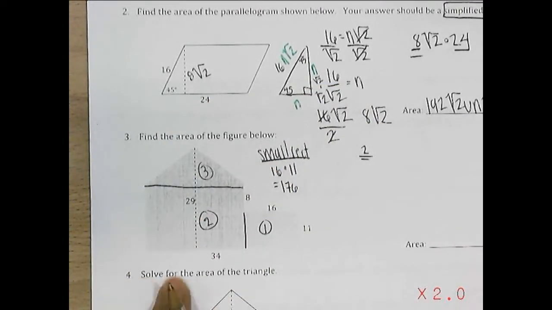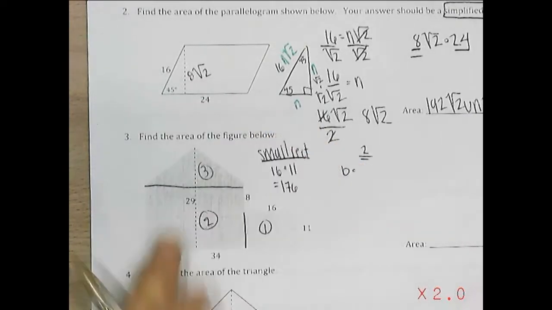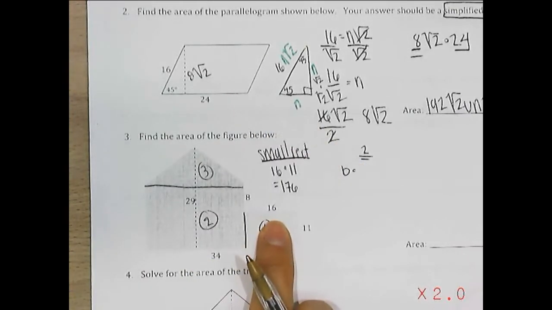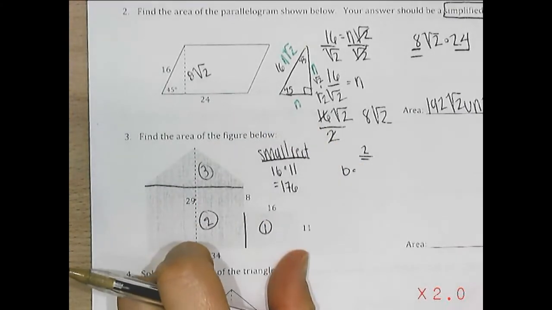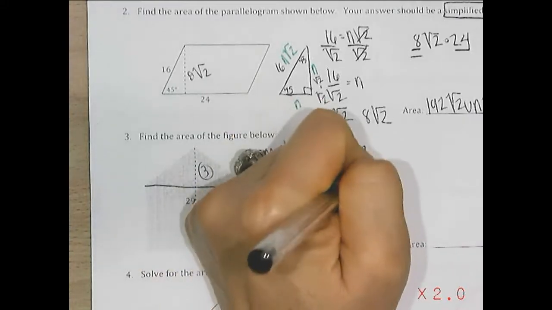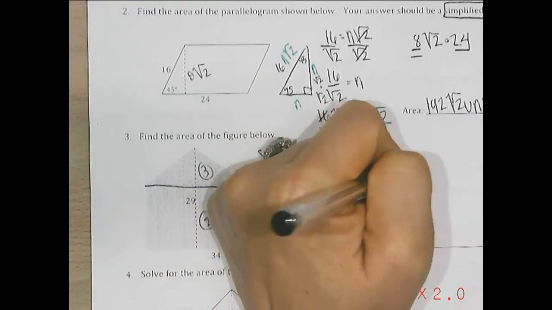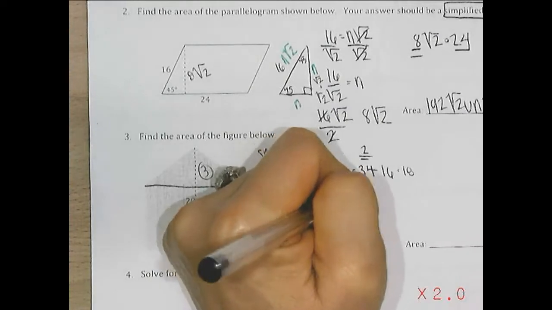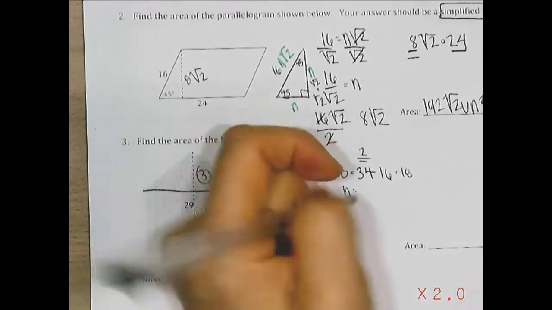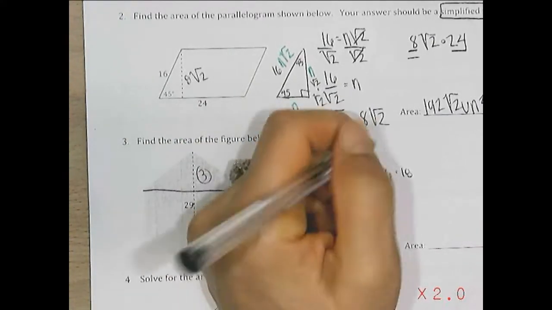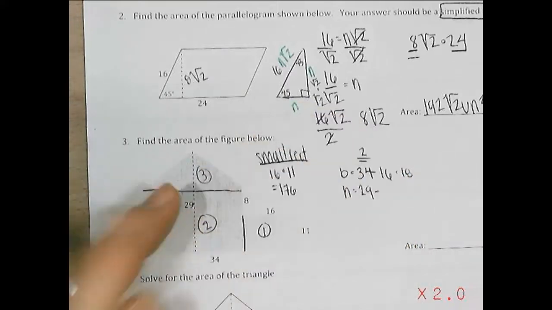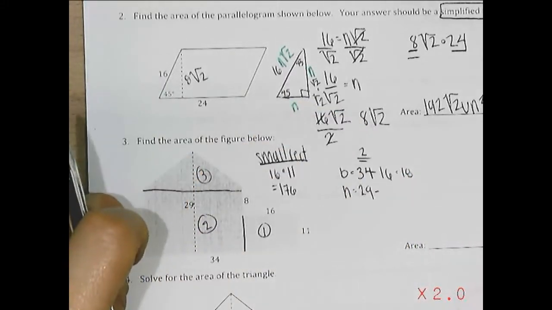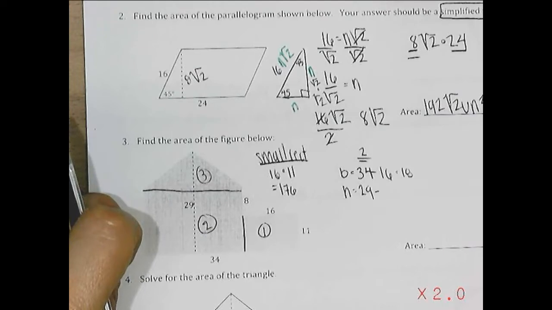For my base, I need to take 34 and subtract this 16. Because 34 is this whole piece, I need to subtract this 16. So I'm going to have 34 minus 16, and I'm going to end up with 18. And then for my height, I'm going to take this whole distance, 29, and subtract, oh, just kidding.